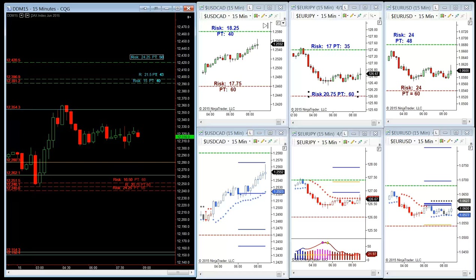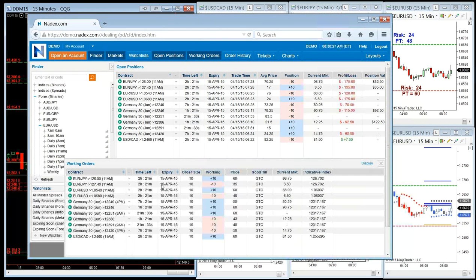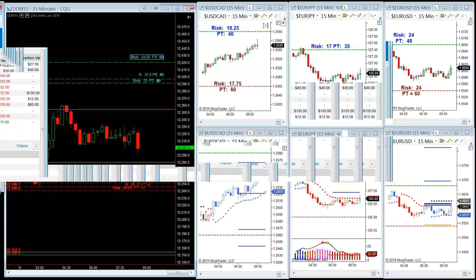In all honesty, once you set these profit targets, you don't even have to look at the screen if you don't want to. Because these numbers, they'll freak you out. And they're just numbers.